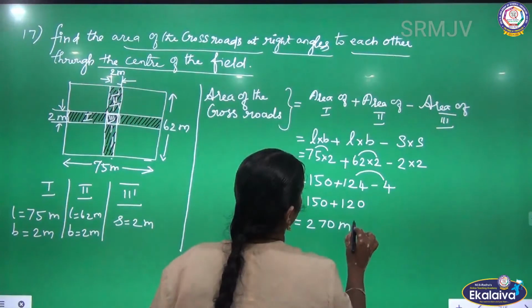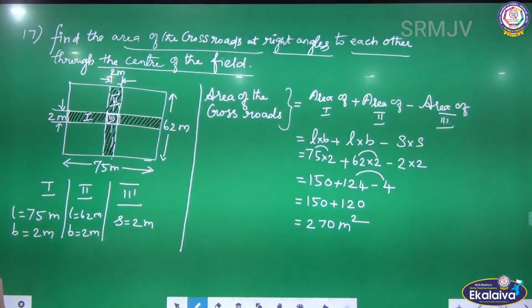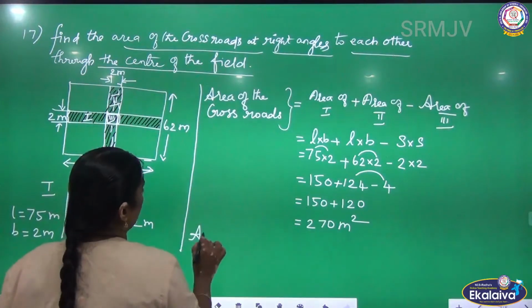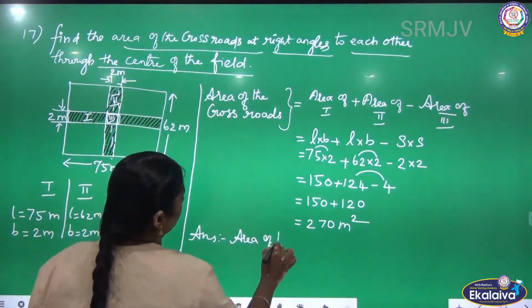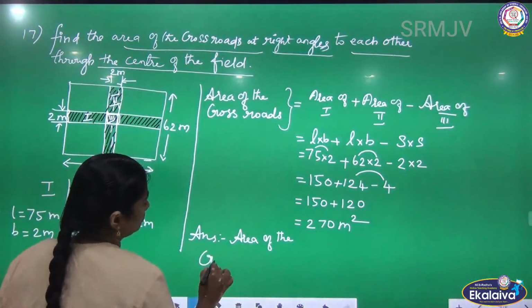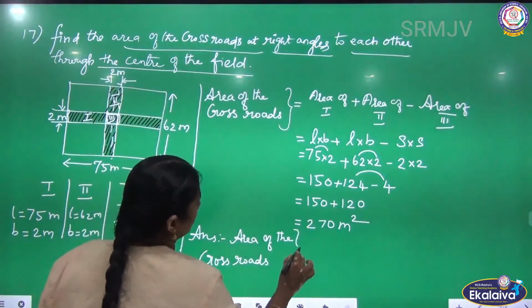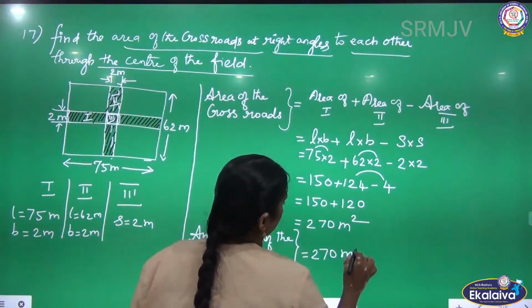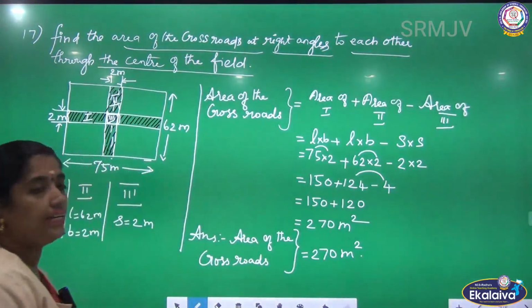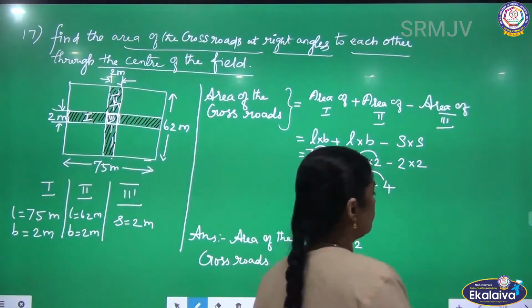Meter, so meter square. So the area of the crossroad is 270 meter square. Can you clear this, children? Shall I move on to the next one?